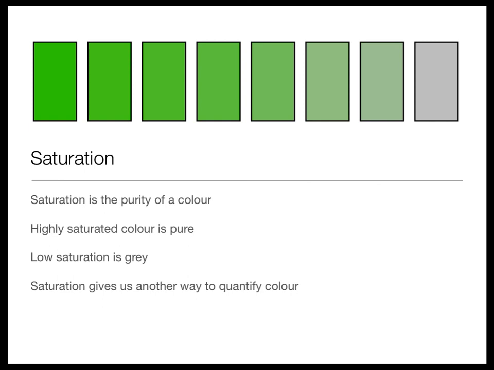So saturation tells you how pure the color is. And this gives us another way to quantify color. So here, those green chips all have the same hue, but the saturation is different.